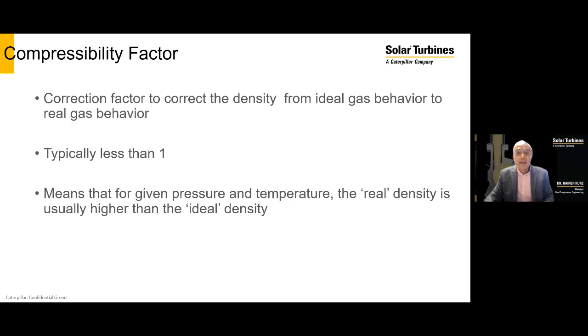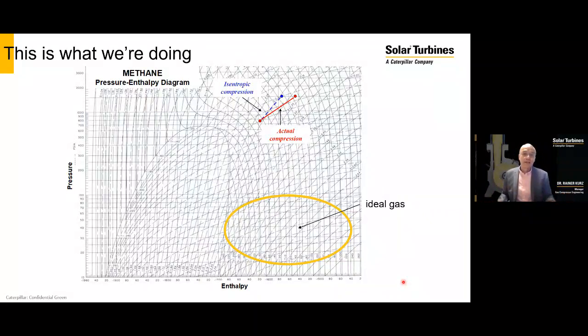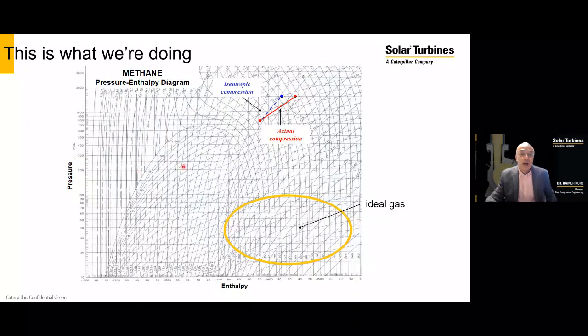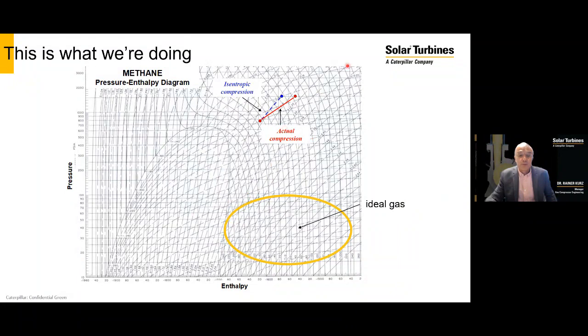Now, in thermodynamics, and I'm fully well aware that thermodynamics is usually one of the less favorite classes in engineering, so I'll keep this relatively short. But we can, for any gas, draw what's called a Mollier diagram that shows pressure and enthalpy. In this chart, we have lines of constant temperature, lines of constant density, and lines of constant entropy.